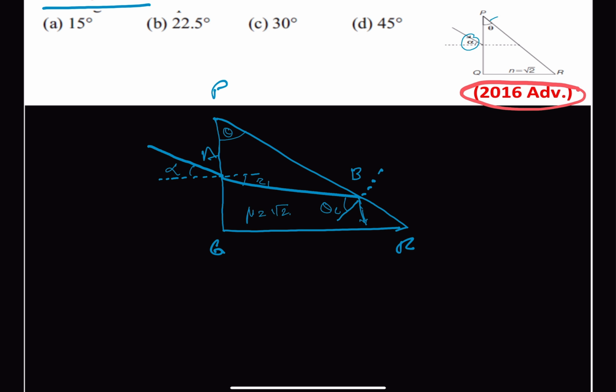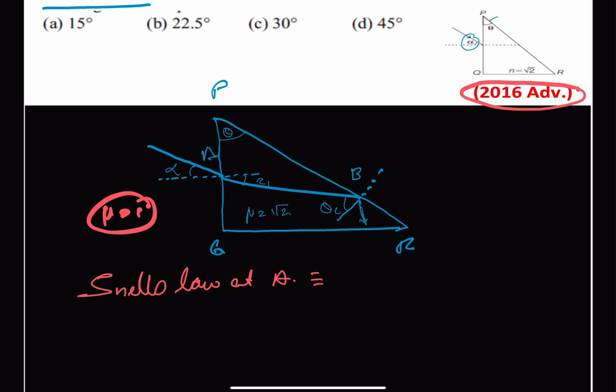So we are going to use Snell's law at A, and this will be a refractive index of 1. So we get mu is equal to sine of alpha divided by sine of R1, and mu is square root of 2, so this is equal to square root of 2.